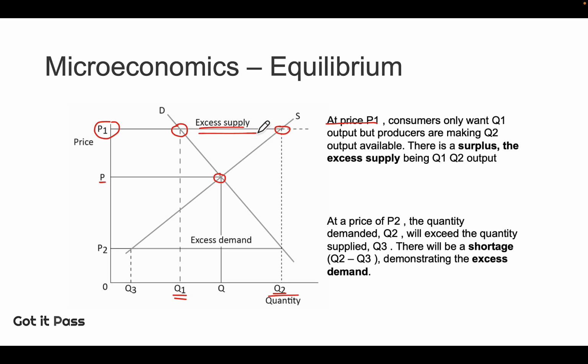And at the price of P2, that is, the price lower than P, in this scenario the consumers demand more of the goods because it's cheaper. They can afford to buy it, and they're happy to buy more. So in this situation, the quantity demanded is now at Q2 when the price dropped from P to P2.